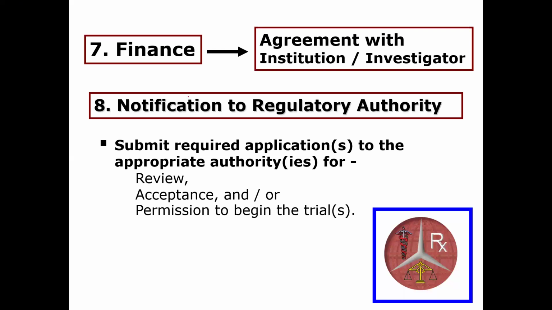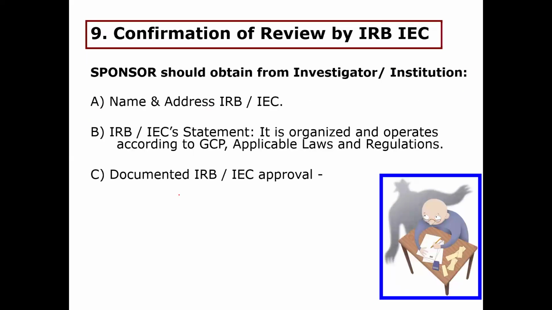Now, the finance: who makes the financial agreements? It is the sponsor with the institute or investigator, and not only with the institute or investigator, but with everyone. Again, it is the responsibility of a sponsor. Notification to the regulatory body is a responsibility of a sponsor. And confirmation that a review has been done by the IRB or ethics committee.